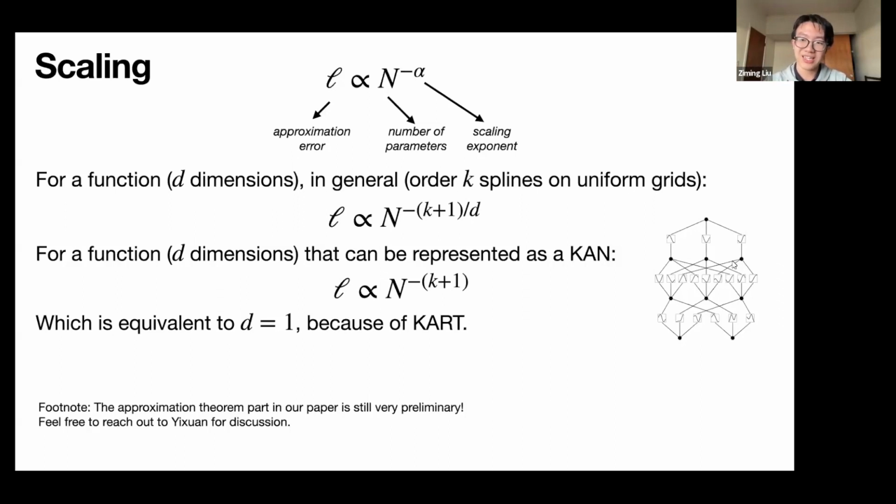There's no such thing as approximating high-dimensional functions in KAN, given the assumption that the ground truth indeed has such a smooth Kolmogorov-Arnold representation. In that situation, d simply goes down to 1 because we're just approximating 1D functions, and the exponent now becomes k plus 1, which is independent of the input dimension. I will also give you some examples later.